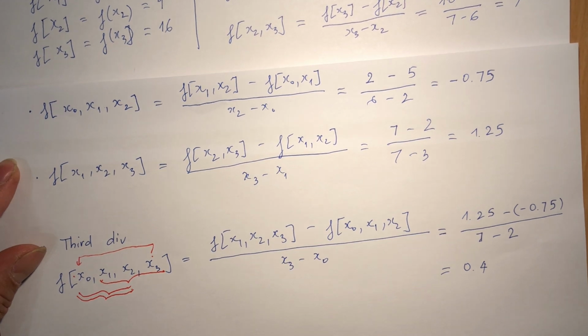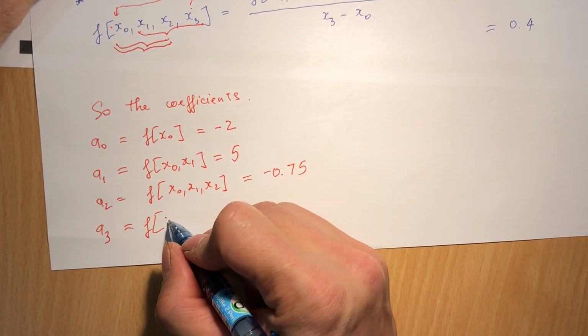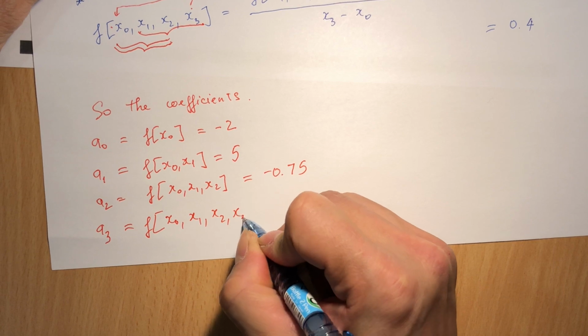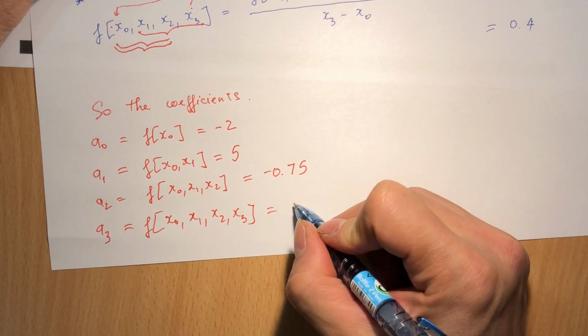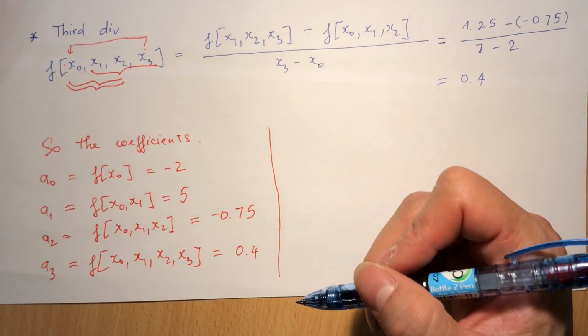And then a3 equals f[x0, x1, x2, x3], this one is 0.4, right?